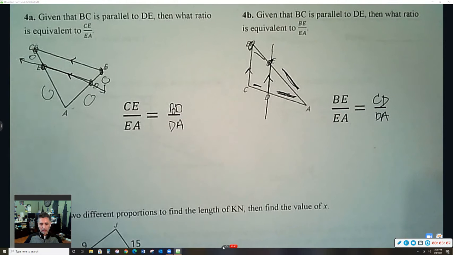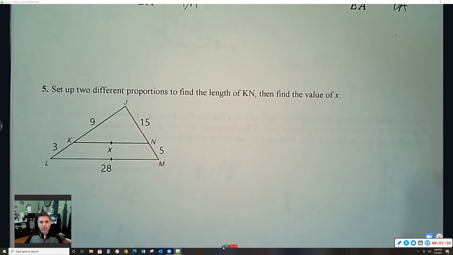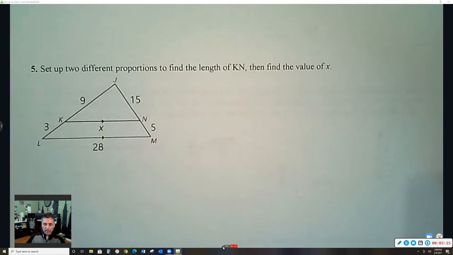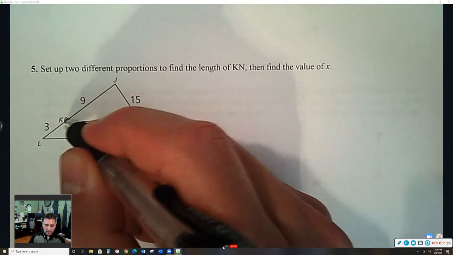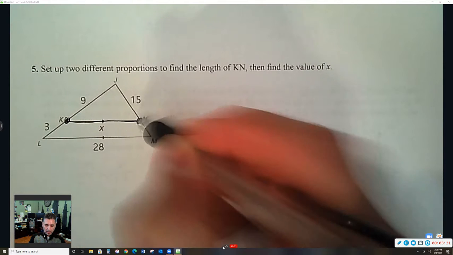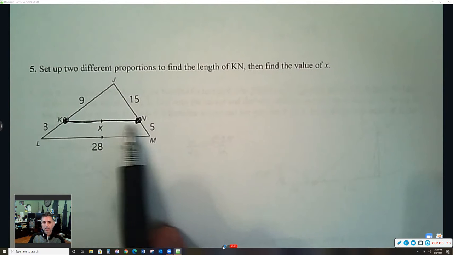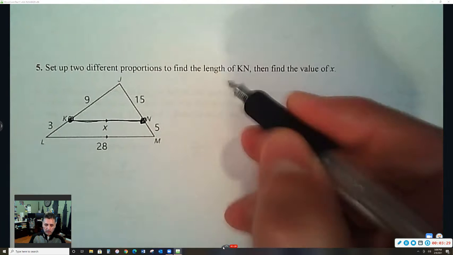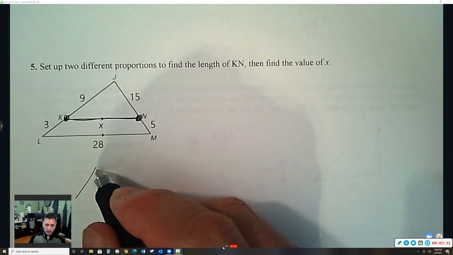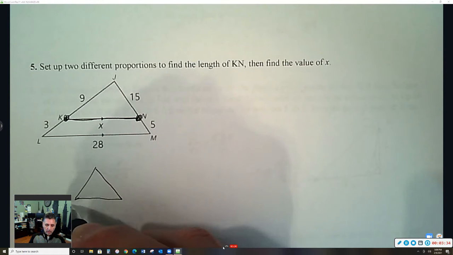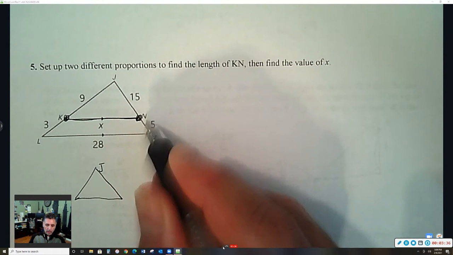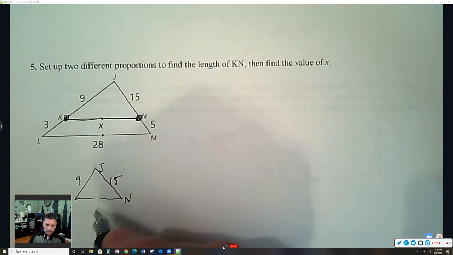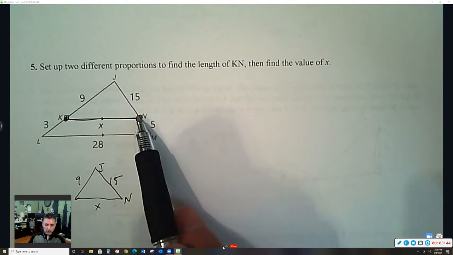And then finally, number 5. Number 5 says, set up 2 different proportions to find the length of KN. Now if you look, KN is this bottom length. And because they're talking about this bottom length, I can't necessarily use the triangle proportionality theorem. What we should do is separate these. This is triangle JKN, which is 9 and 15 in the next. So this is the top triangle that I just wrote down.